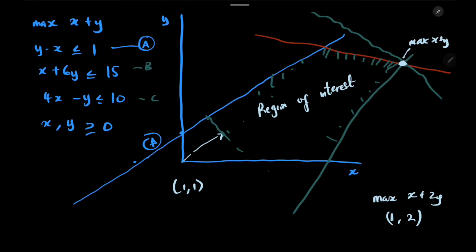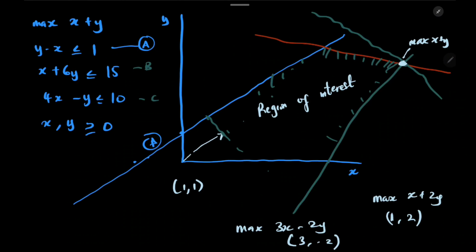Accordingly, if our objective function was, let's say, maximize 3x minus 2y, it means that this line would be at the coordinates 3, minus 2. So that's how we go about it graphically.